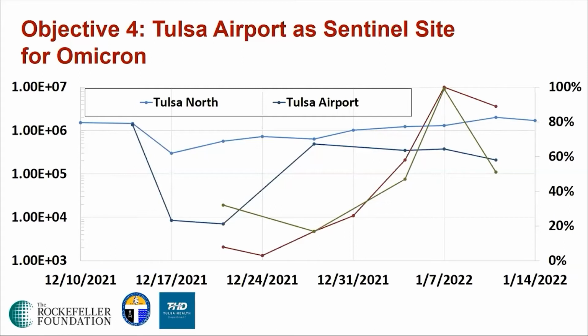And when we first started, we actually did see quite a bit higher percentage of Omicron. It seemed to serve as a sentinel site for us. On that first sample, it's only one data point.